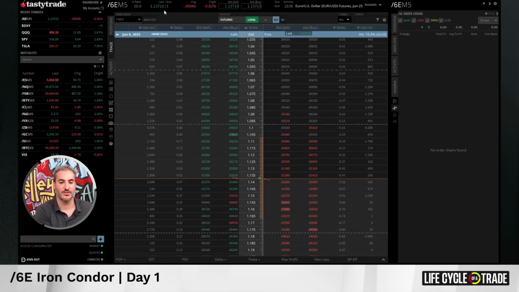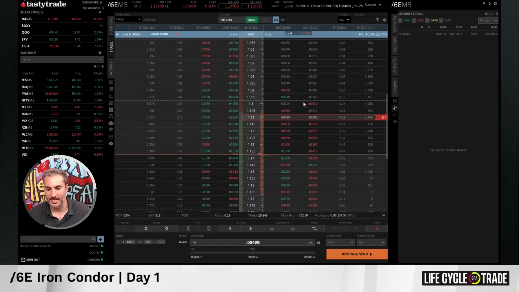It's $6.25 per tick. So each full 10-cent tick is going to be $12.50, which means that if you do a 1 point wide spread here, it's going to be $1,250 worth of total value on that spread per point.